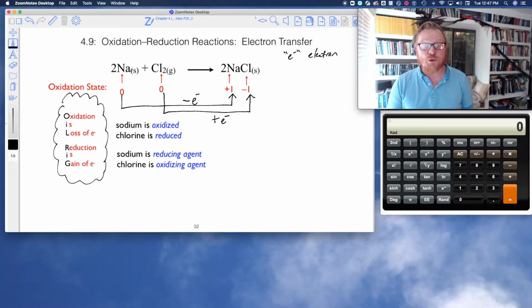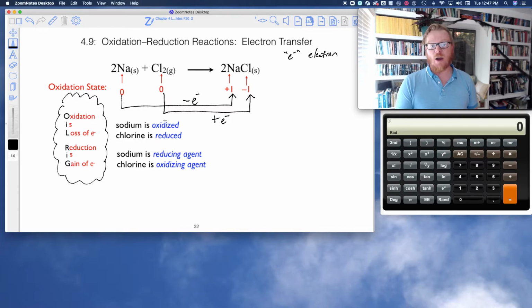It's not going to oxidize by itself. Something has to oxidize it, and that's the chlorine. Okay? On the other hand, chlorine is reduced. It's not going to get reduced by itself, so sodium had to do the reducing.